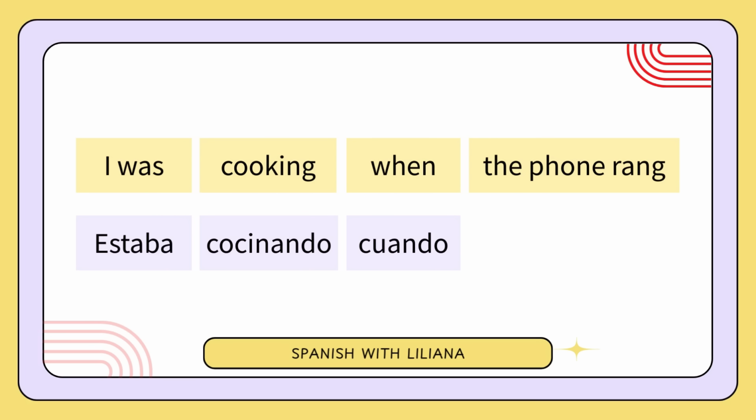And then in Spanish, we usually put the verb before the noun here. So we would say sonó el teléfono. Sonó is rang and el teléfono, the phone. Estaba cocinando cuando sonó el teléfono.